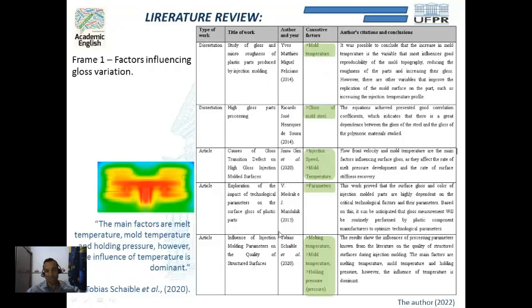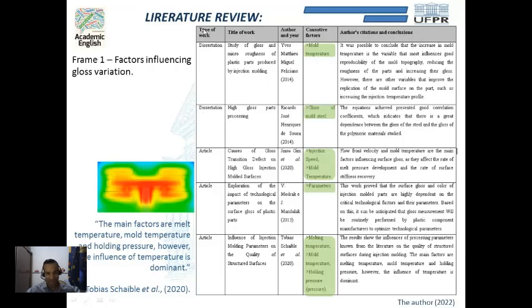Here we can see 5 similar research works about gloss variation. In the columns we can see type of work, title of work, author, causative factor, author citation, and conclusion.